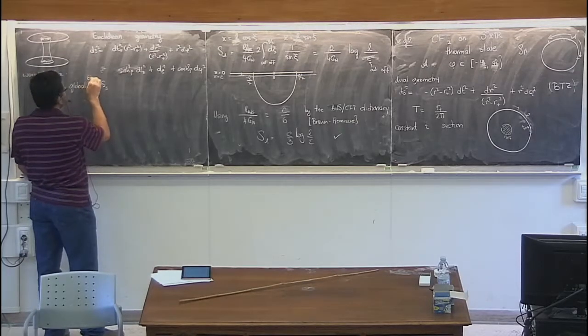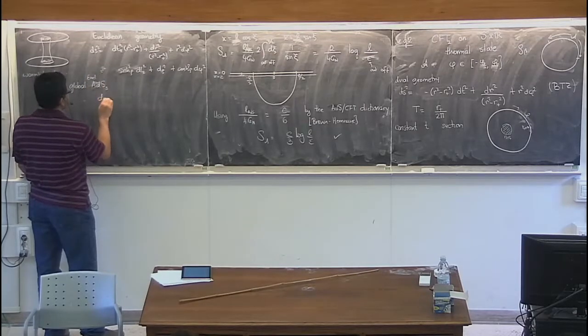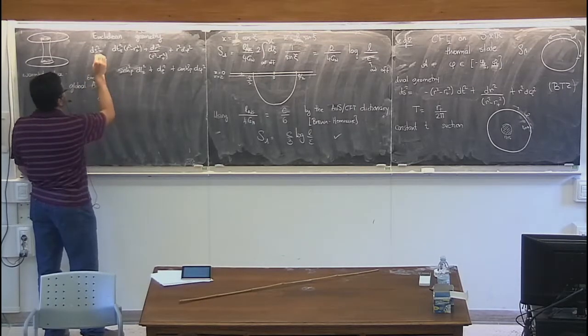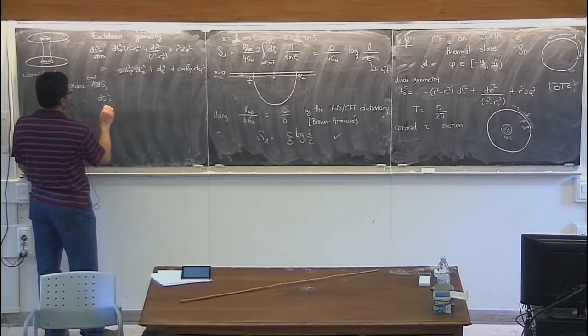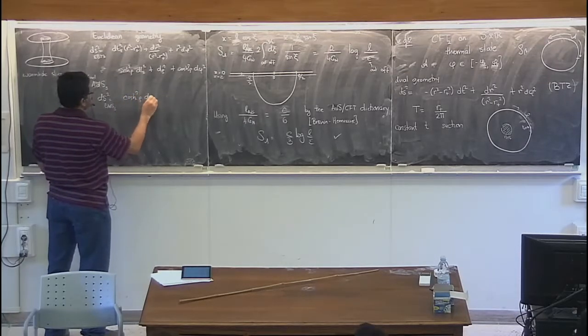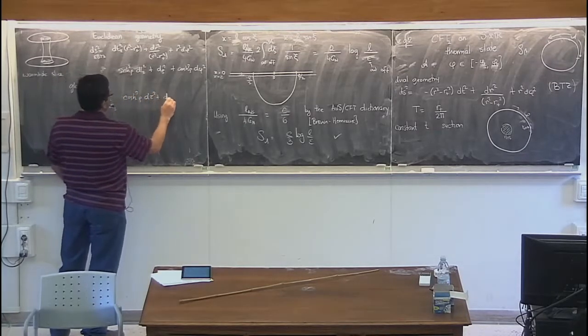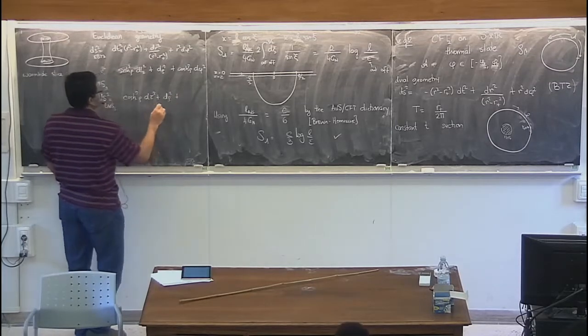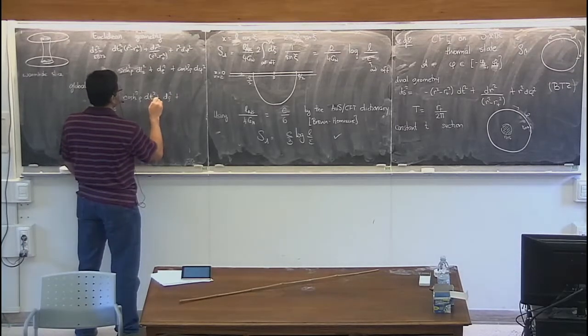So this space-time is just global Euclidean AdS3, which has the metric, and this is BTZ. Let's put E for Euclidean: ds squared of Euclidean AdS3 is cosh squared rho d tau squared plus d rho squared. Let me keep calling it t_E.